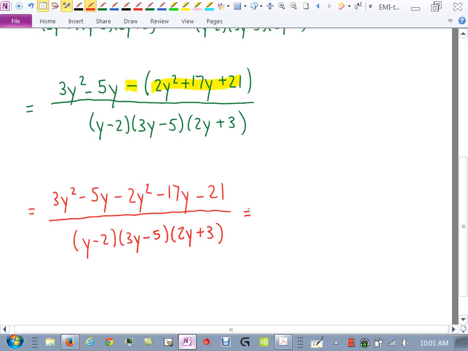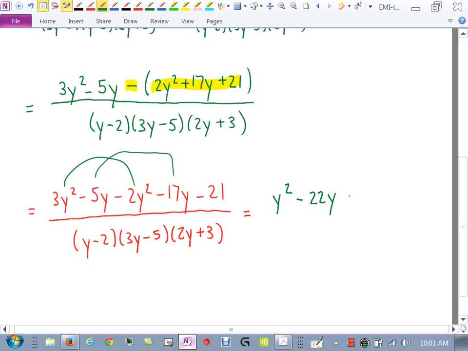Anything left to do? How about some like terms on the top? 3y squared minus 2y squared is 1y squared. Negative 5y, take away 17y is, careful, negative 22y, right?